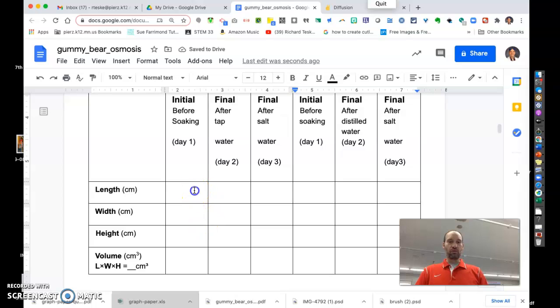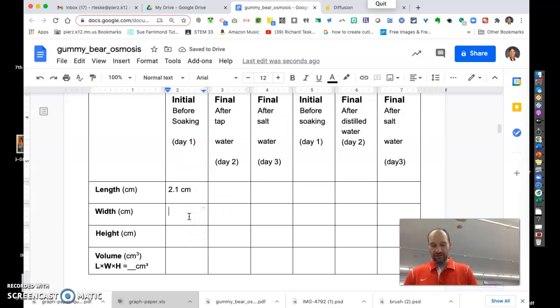Now, you can see here, we're going to figure out the initial measurements before soaking. So I'm going to measure the length of the gummy bear. I've got to go with centimeters, not inches. And the length of the gummy bear is 2.1 centimeters. So if you just put 2.1 centimeters there.